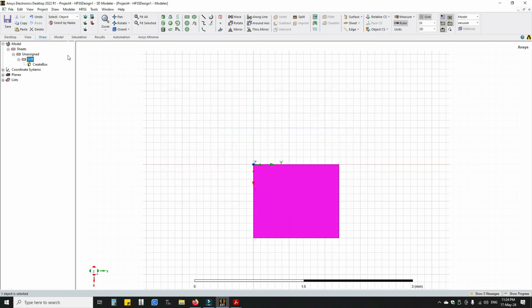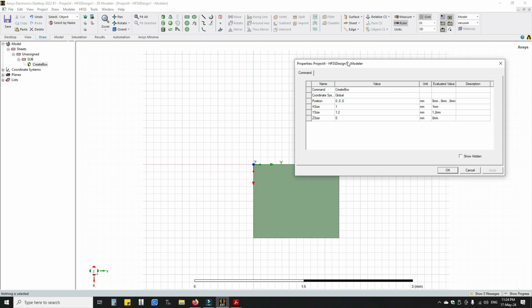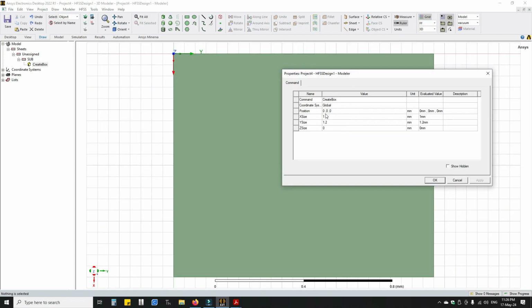Next is create box. Here you can see the dimensions. First, the command is create box. The coordinate system is global. The coordinate system means where the box is initially started.